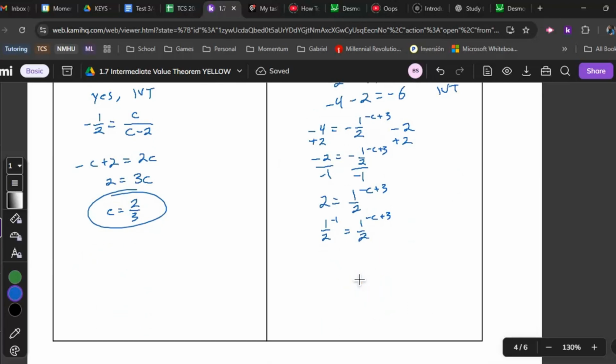Or can we just do it 4 over 2? No, it's not the same thing. I need the same base, because if I have the same base, I can drop the base. Yes, 4 over 2 is 2, but it doesn't work that way.